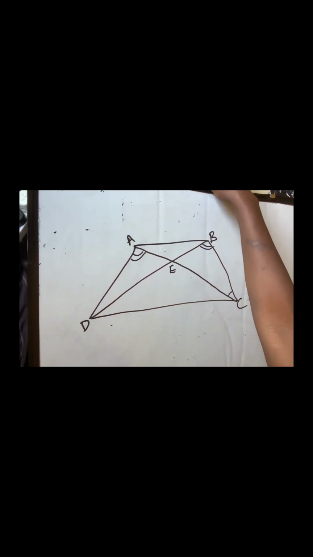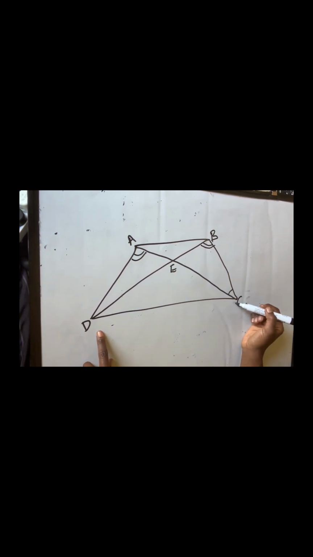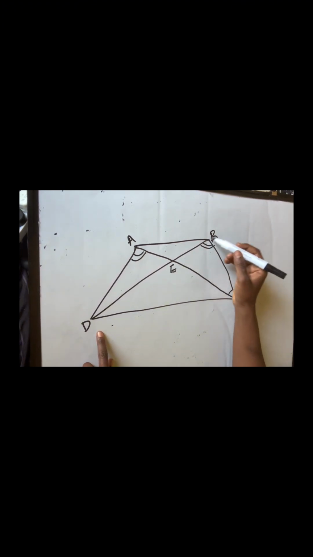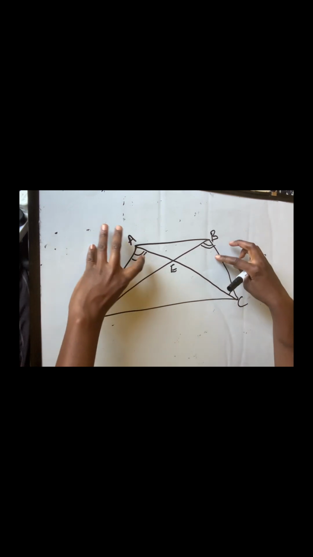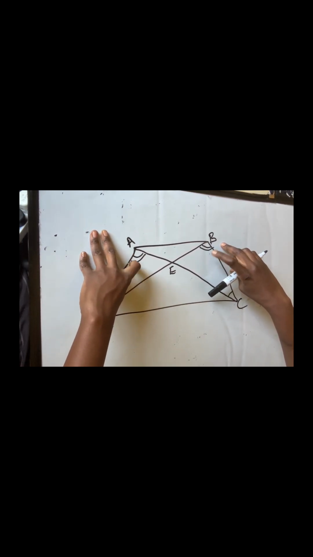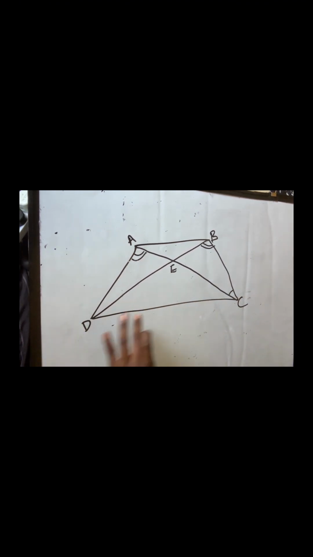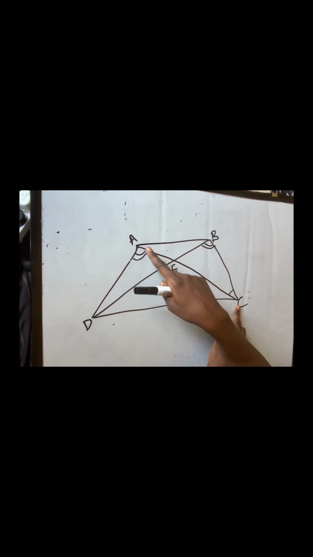All right. So let's look at the first one, DAC and CBD. We can see that both of these triangles have equal angles, so they are congruent. Let's look at the second one, EBC and EAD.